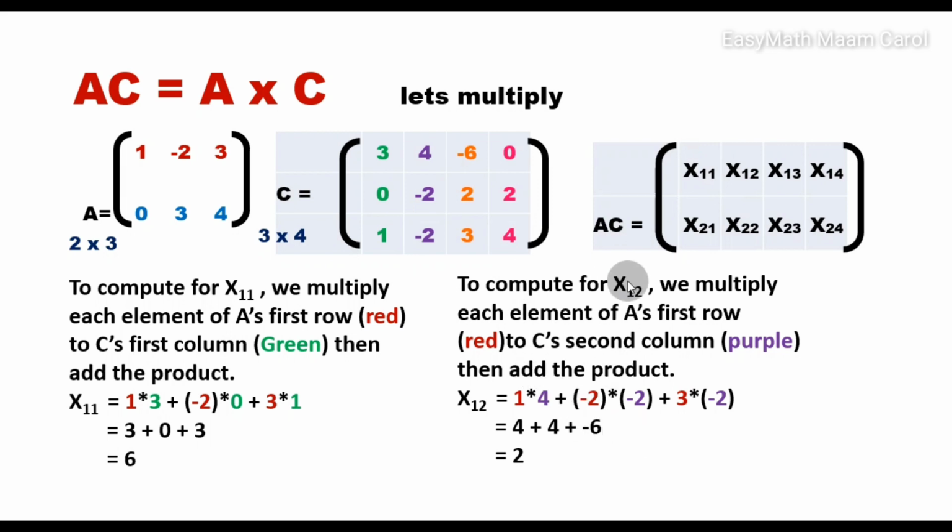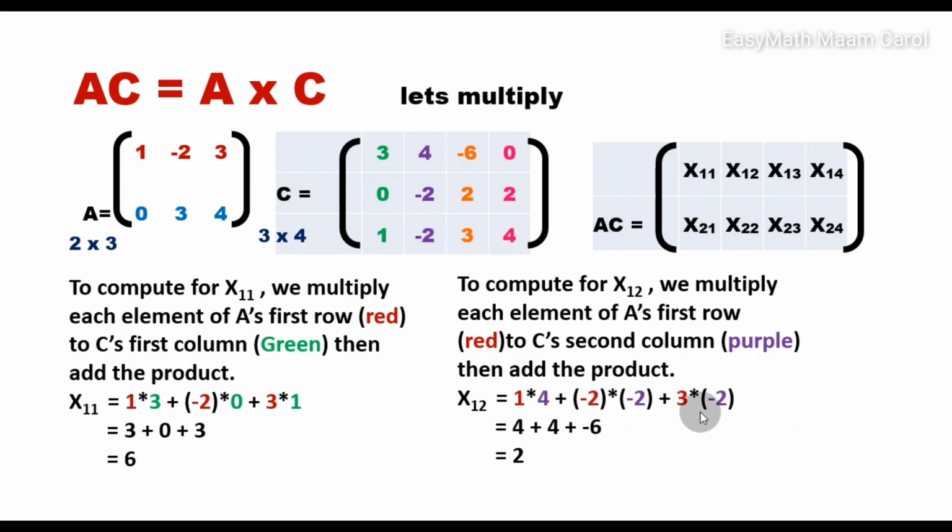Dito naman, to compute for x12, we multiply each element of A's first row, which is in red, to C's second column, which is in purple. Ayan. So, ito daw, multiply mo doon. Following the color code, 1 times 4, negative 2 times negative 2, and then 3 times negative 2.